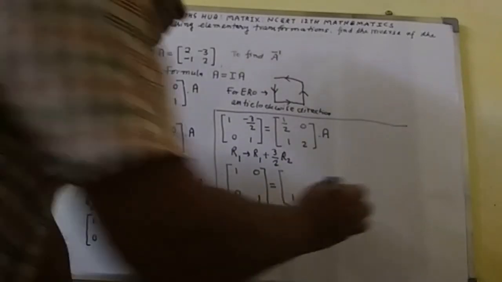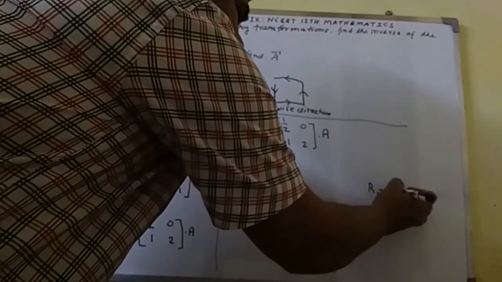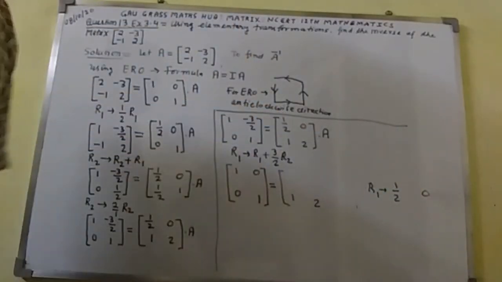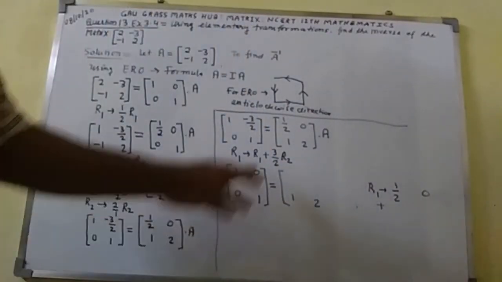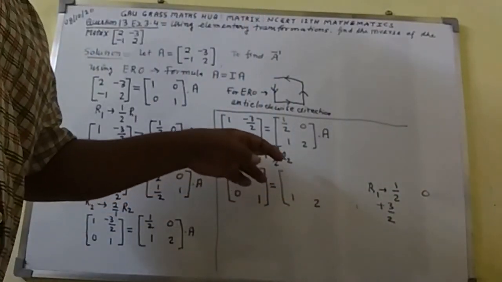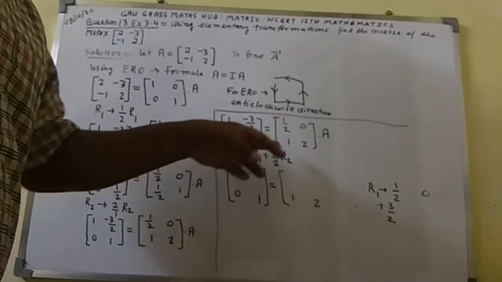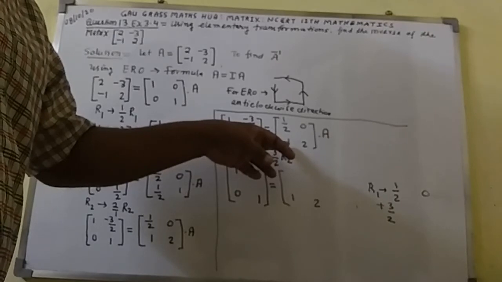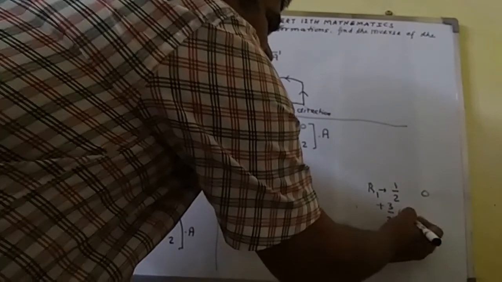So here R1: 1 over 2, 0. This is R1. R1 plus 3 over 2 times the respective element of 1 over 2 in the second row, which is 1. So here I shall write 1.